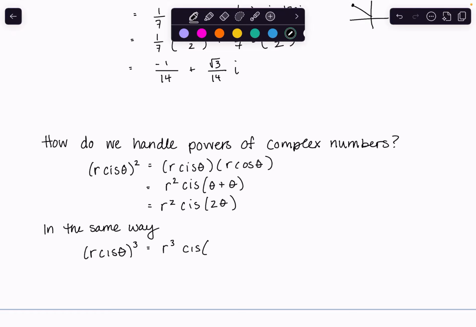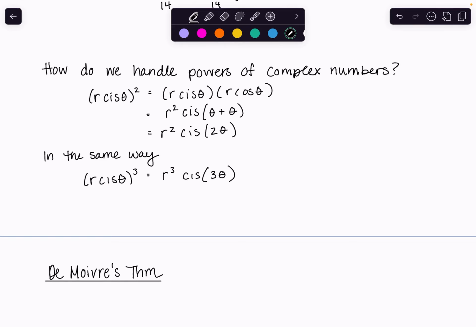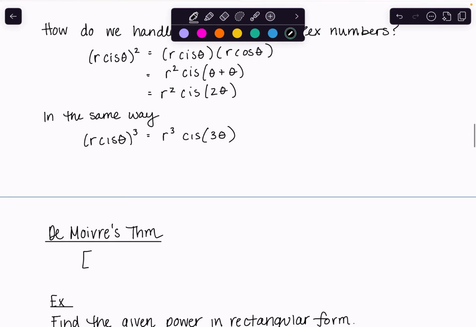So we get cis of 3 theta. Okay. So this is something that's called de Moivre's theorem. It's just a mathematician. But if you want to take a complex number in trig form and raise it to the nth power, you raise your R value to that and you multiply your angle by that. Okay.